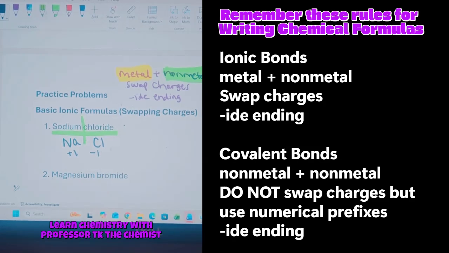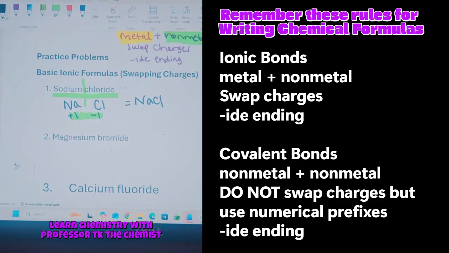The two ones are going to cancel out because they are the same, so you end up with the formula NaCl. It's that simple. Now, let's keep it going.